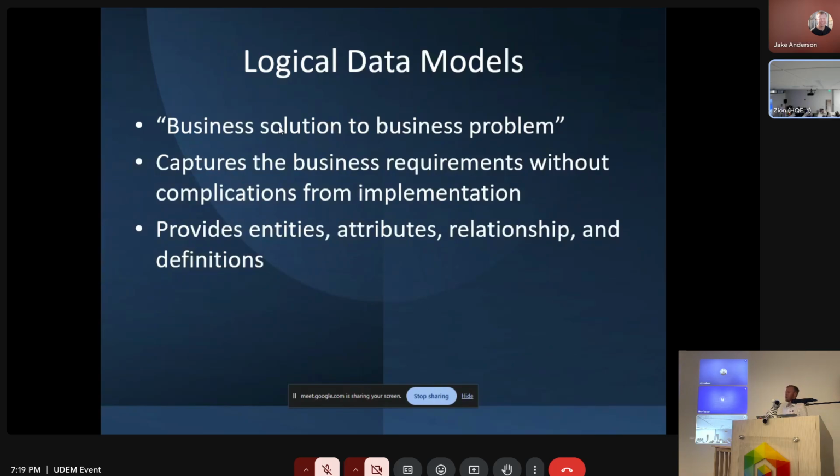Once you get your conceptual data model, then you move on to your logical data models. Now, Overman also comments on a logical data model as a business solution to a business problem. So this is where we start to capture business requirements without complications about implementation.